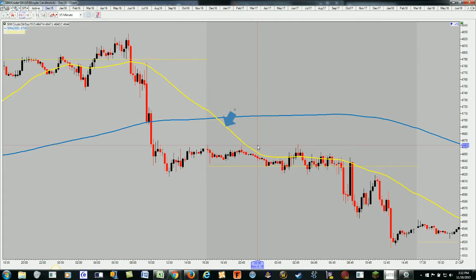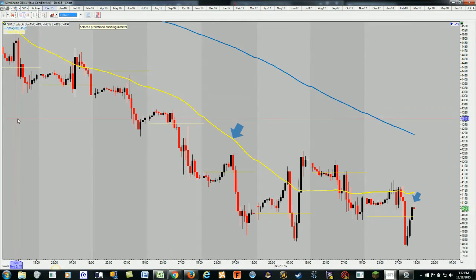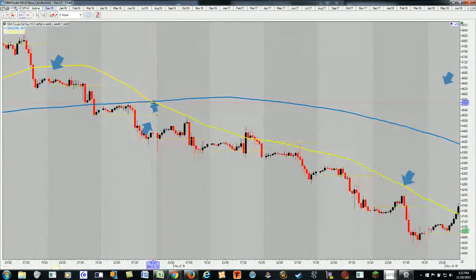The hourly chart was showing it on November 8th, wasn't it? Or 9th? Let's go back to the hourly chart. November 6th. Right at November 6th to November 9th. So the 8th to the 9th, I think the 8th would have been a Sunday.